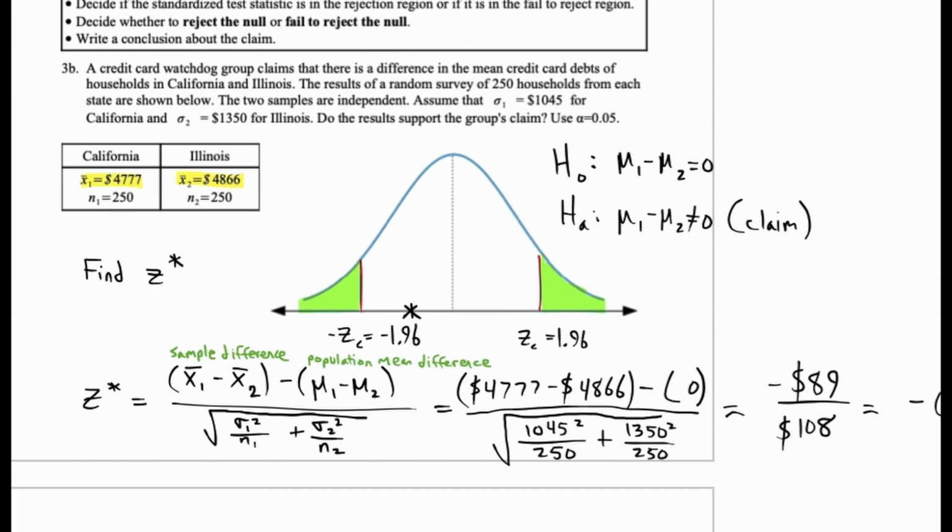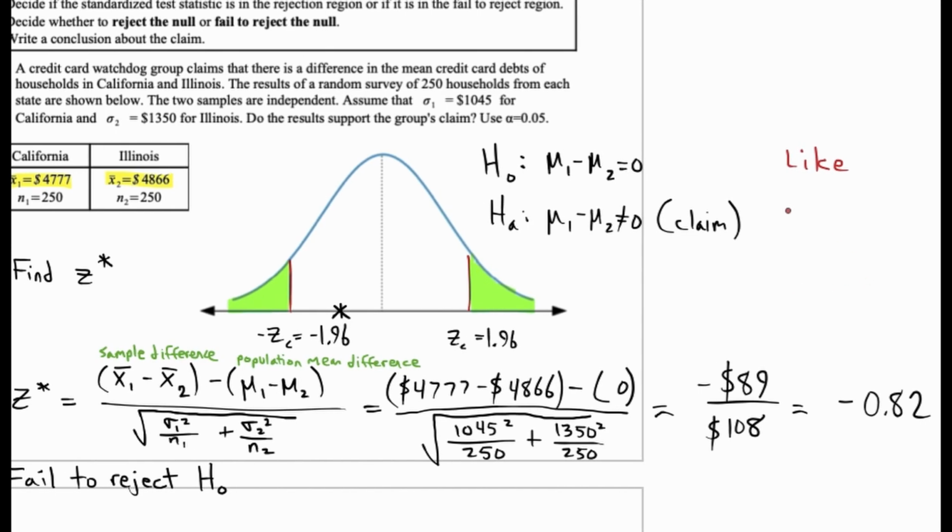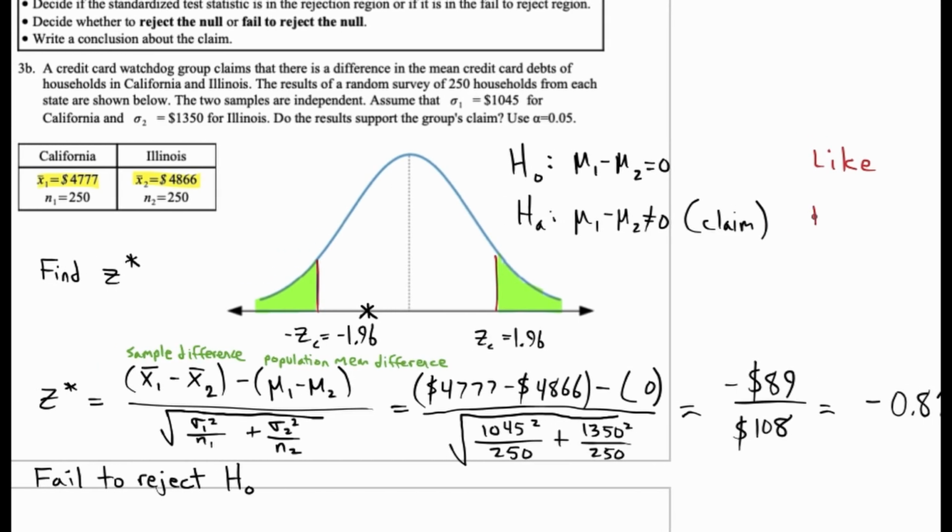It tells us we would fail to reject the null, which means, informally, that we like the null. And then we don't like the alternative. And since the alternative is the claim, we don't like the claim.